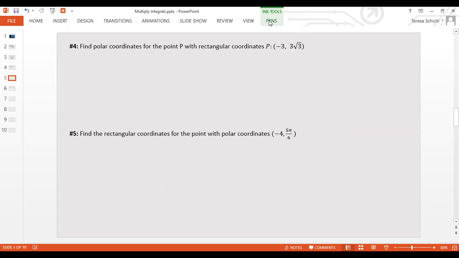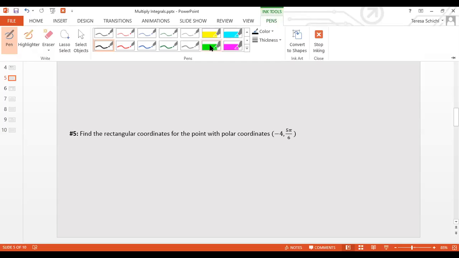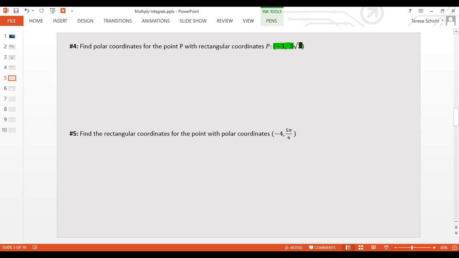In here they say find the polar coordinates for the point P with the rectangular, that's the Cartesian coordinates, right? So this is the Cartesian coordinates here. If this is Cartesian, I know this is x and this is y.